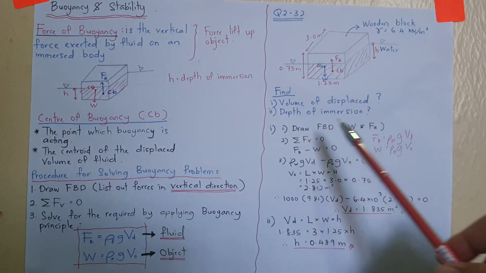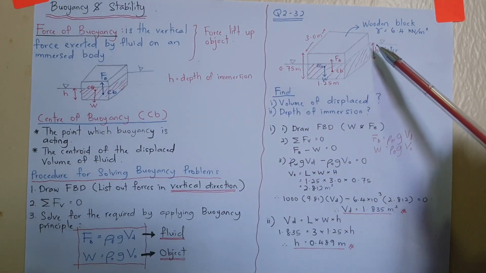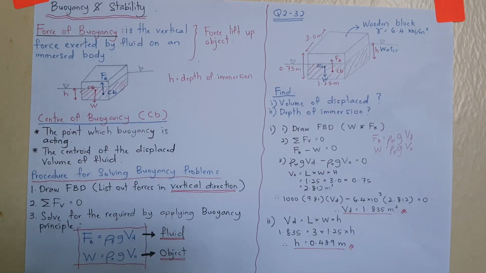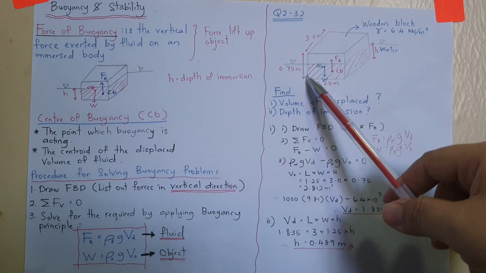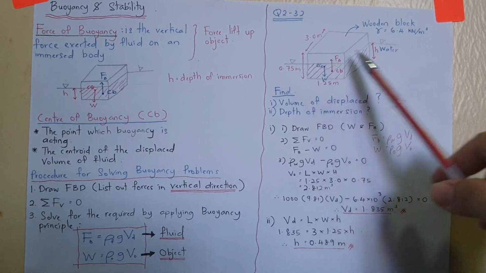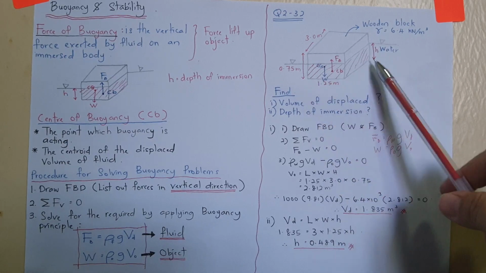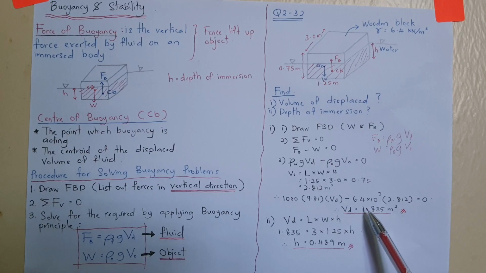Question number 2 asks to calculate the depth of immersion, which means the h I put here is what we want to calculate. We know the volume of the shaded area is length times width times height, 3 meter times 1.25 times h. We already got the volume displaced by using the buoyancy principle, which is 1.835 meter cube.